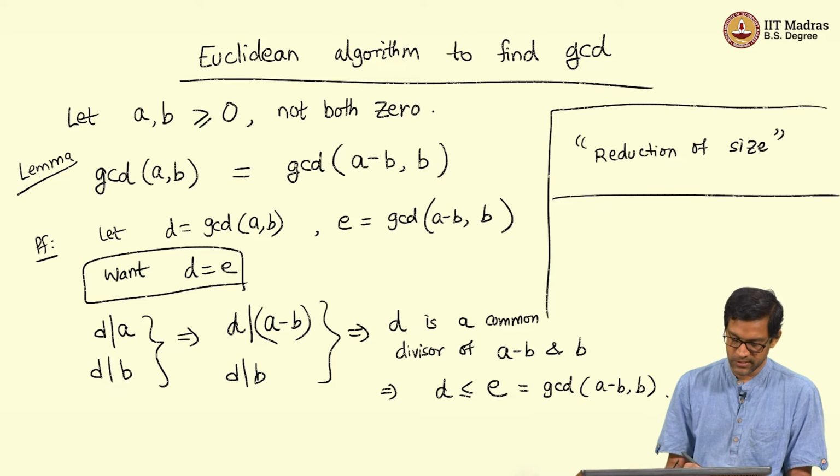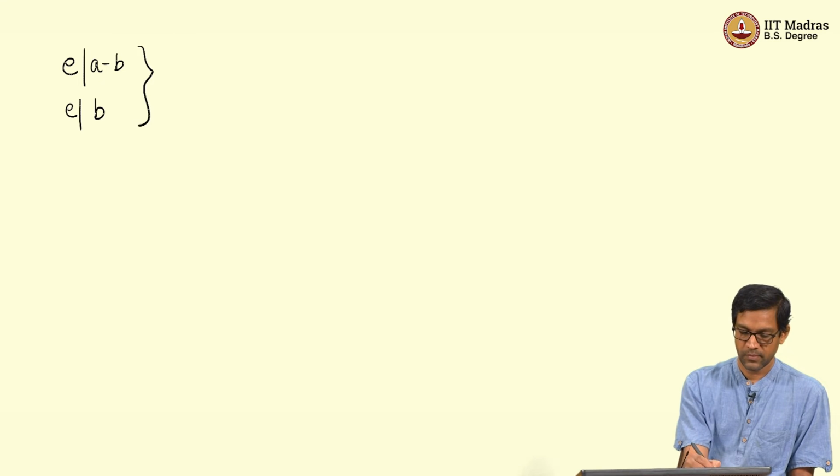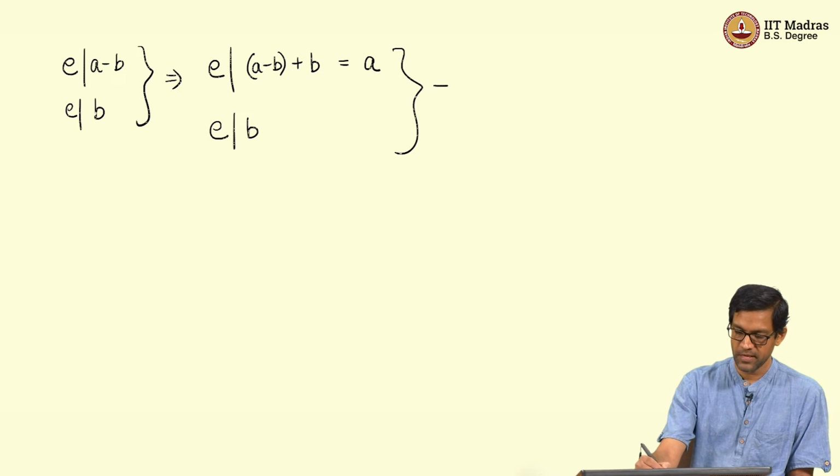Now, the converse is similar. We look at e likewise. e is a common divisor of a minus b and b, meaning it divides both of them. This means e divides the sum of the two numbers, again one of the properties we have looked at before. The sum is just a in this case. So, e divides a, and the bottom I carry over as it is, e divides b.